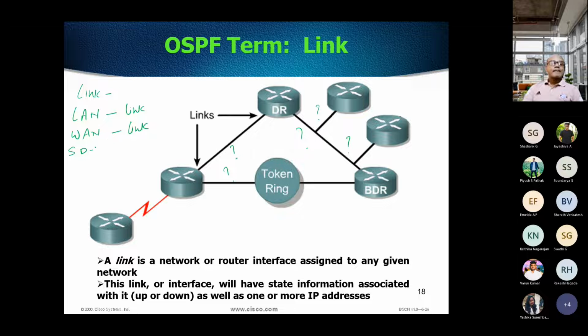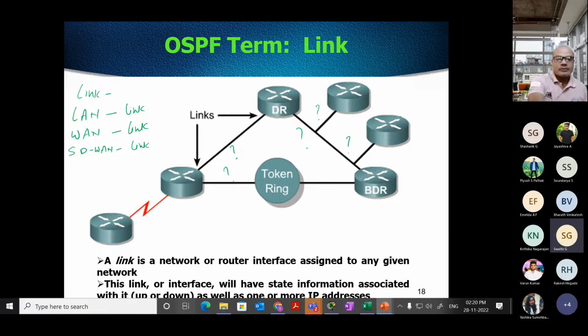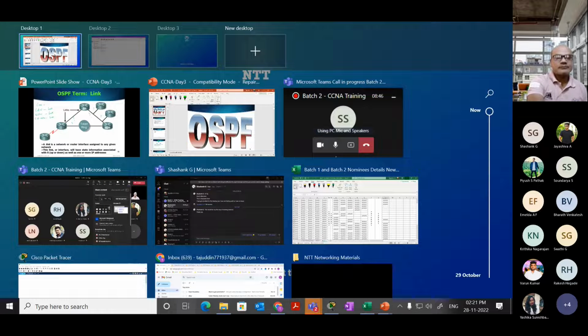Maybe a serial link. No, serial is here. Swati? It's the serial link, I think, a WAN, red color shown, right? Red color. Yes.